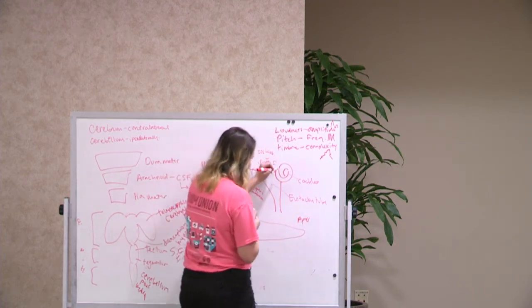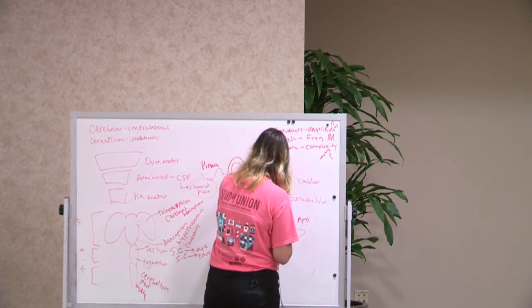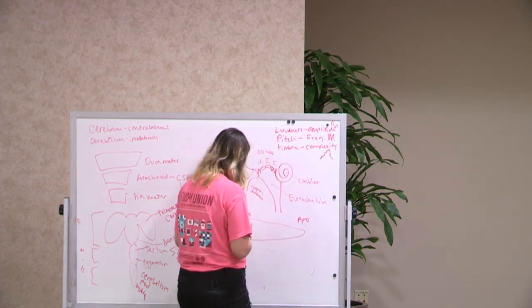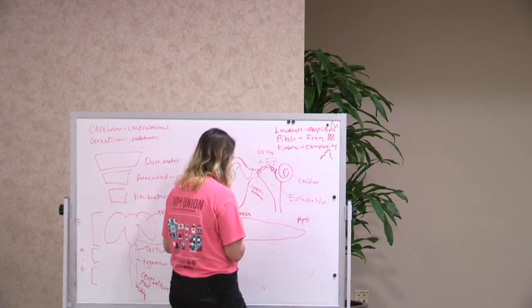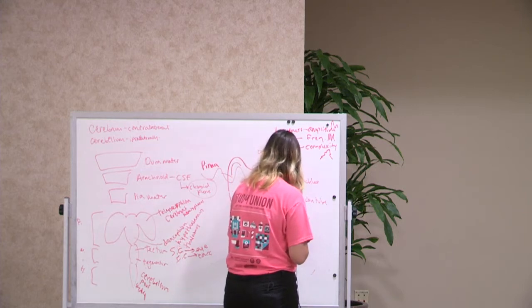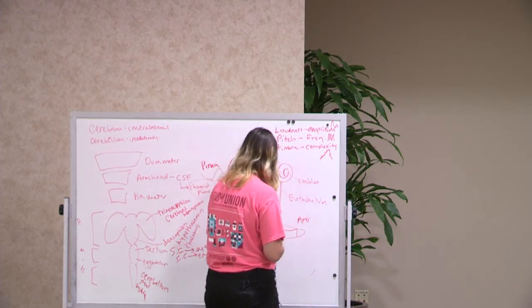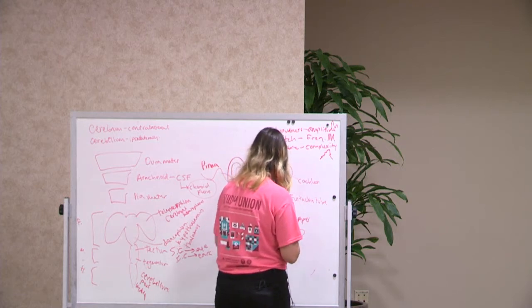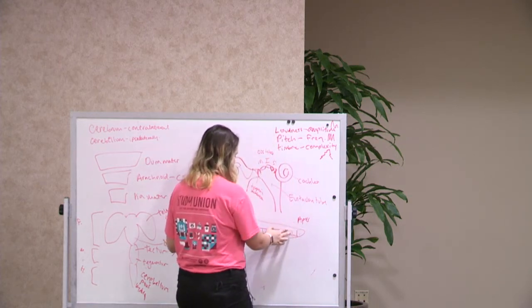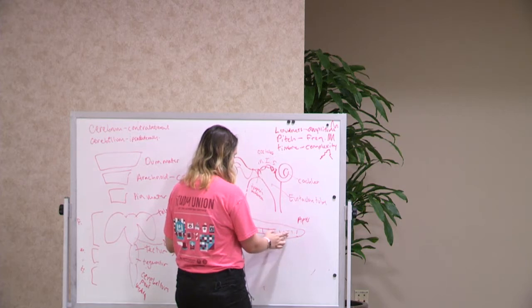And right here, there's a little window, a little membrane, and that's called your oval window. And then you have your basilar membrane. It doesn't really show it too well in this picture, but it's narrow at the base and wide at the apex.